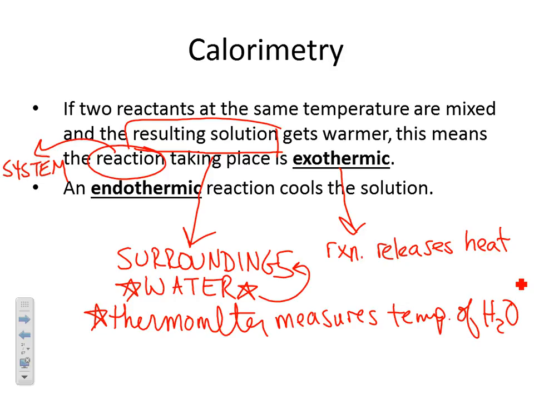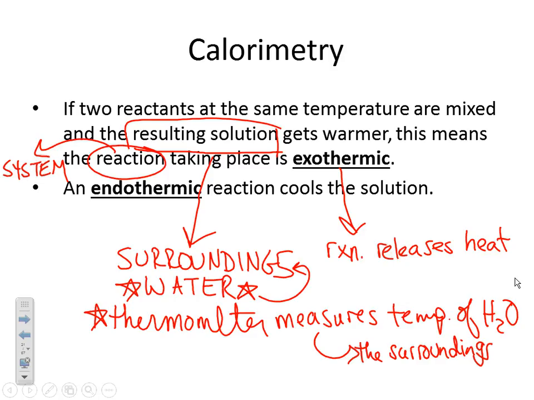It's measuring the temperature of the water that is surrounding the chemical reaction. So when we say that we combine two reactants in a container and we monitor the solution, what we're really doing is monitoring the surroundings. And we notice that the temperature of the solution goes up. Well, the temperature of the solution had to go up because the chemical reaction released heat into the solution.